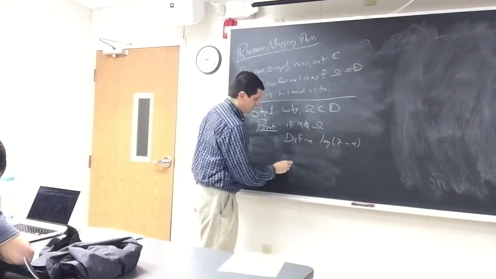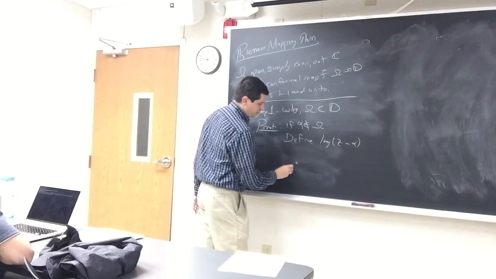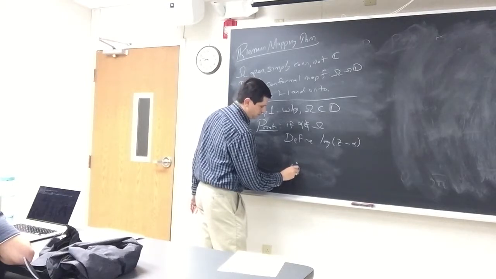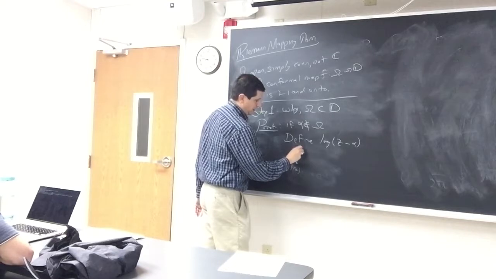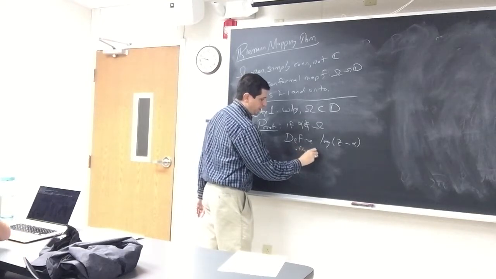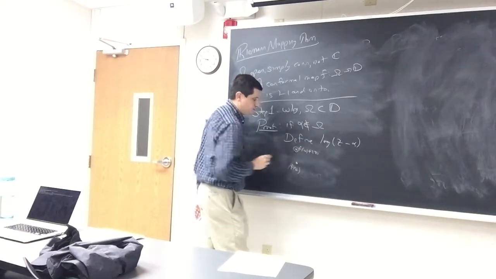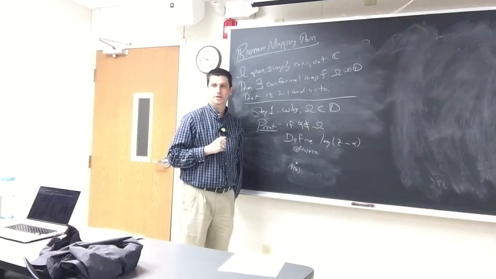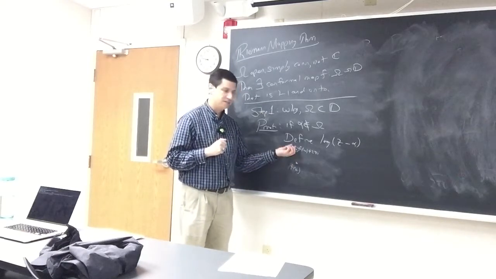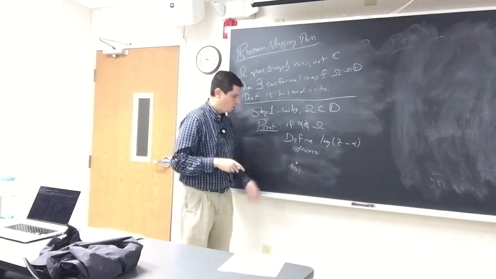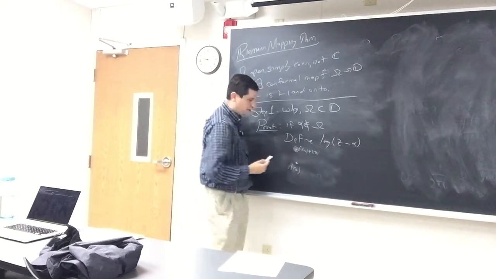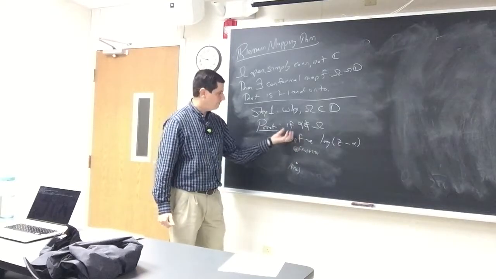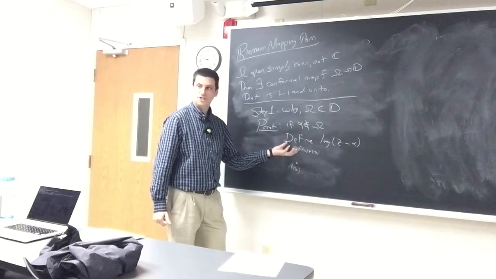And then you can show that if it takes on a value, say, f of w here, then f of w plus 2 pi i has a small little disk around it that it doesn't hit. And you just go through the analysis that it doesn't hit anything in a small neighborhood of this point. Well, if it doesn't hit anything in a small neighborhood about this point, then what I can say is, whatever f of omega is lies outside of here.